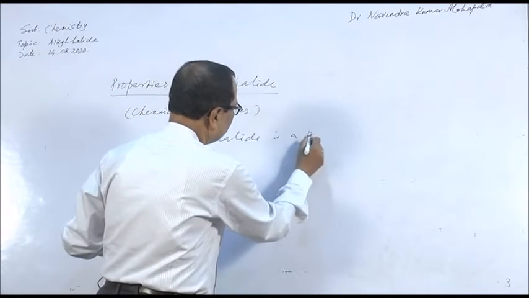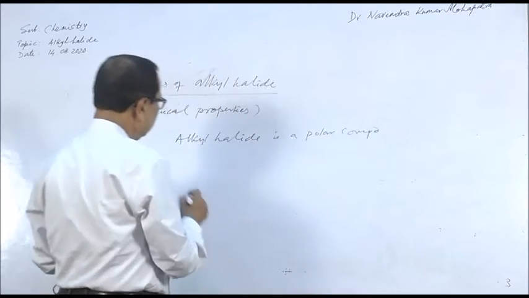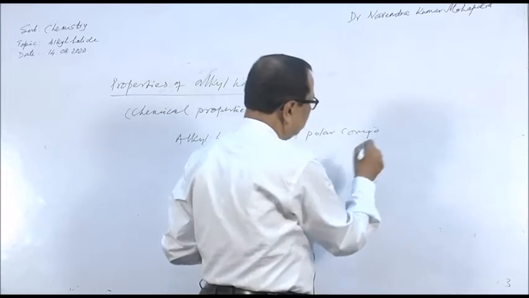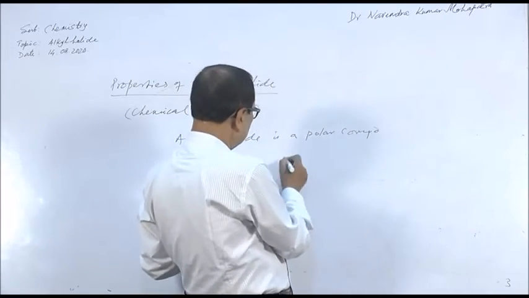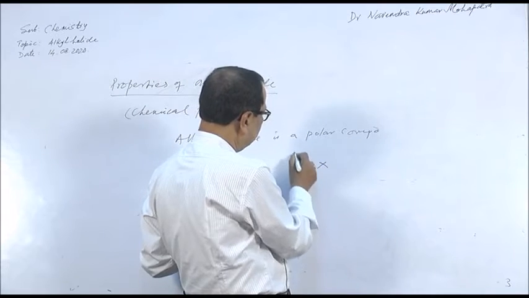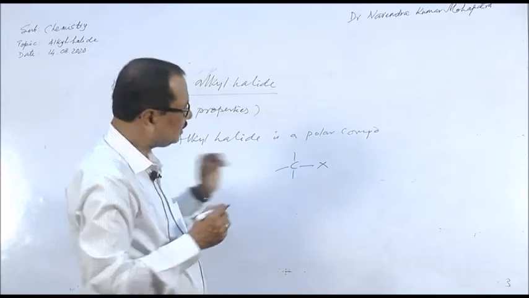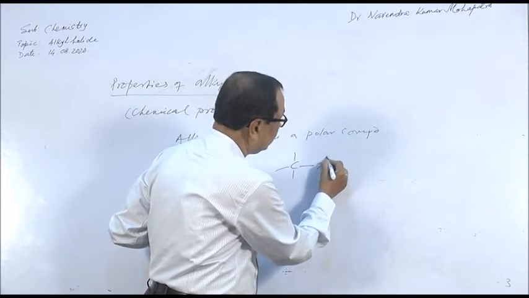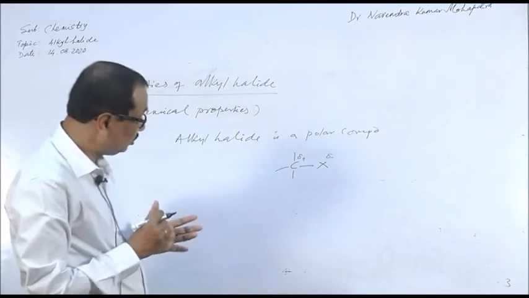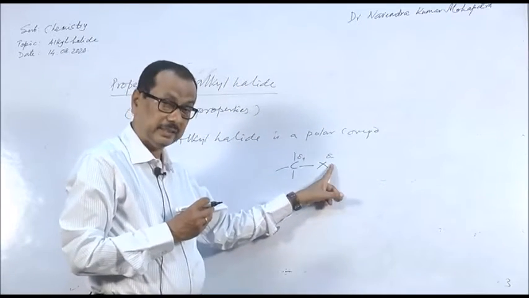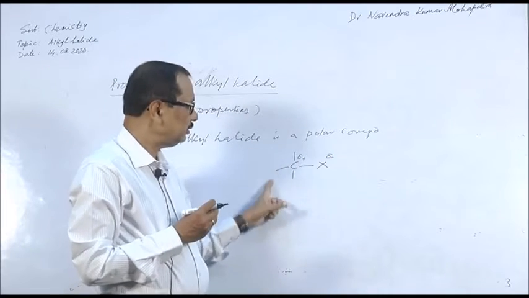The halogen atom attached to the carbon atom is the more electronegative atom. Therefore, the halogen atom develops a fractional negative charge and the carbon atom develops a fractional positive charge. Due to the development of these fractional charges, alkyl halides are known as polar molecules.